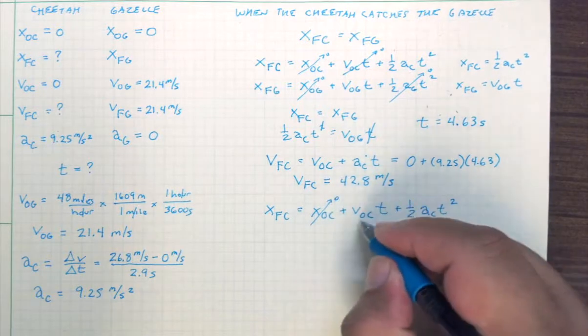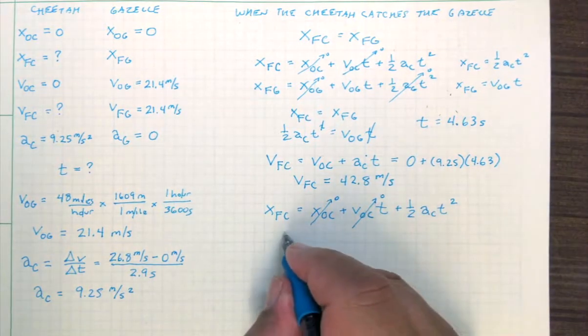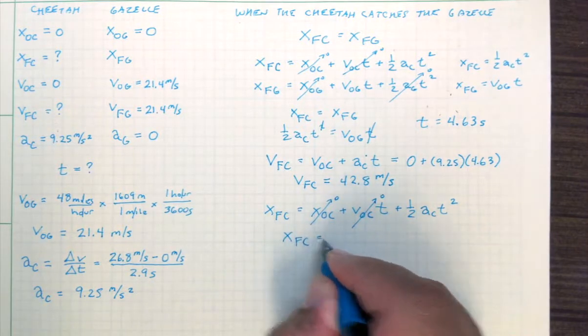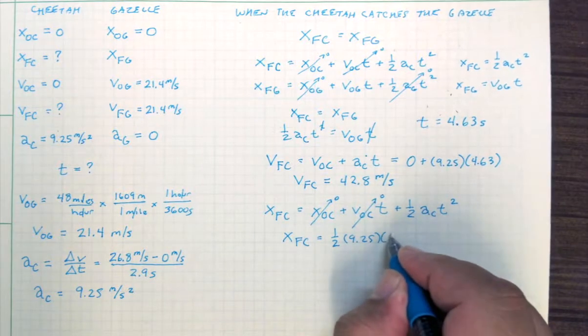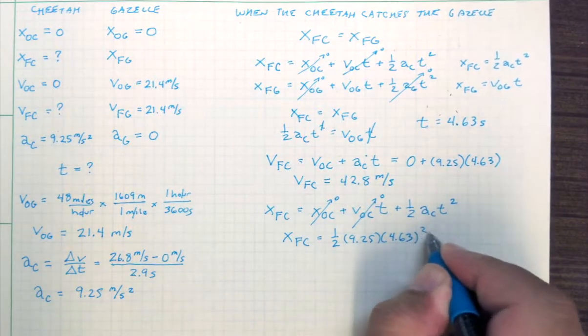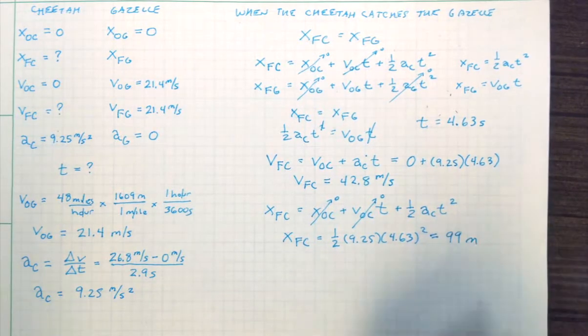Again, the initial position is 0, the initial velocity is 0, and we're left with that. So the final position of the cheetah is 1/2 times 9.25 times 4.63 squared, and that comes out to be 99 meters.